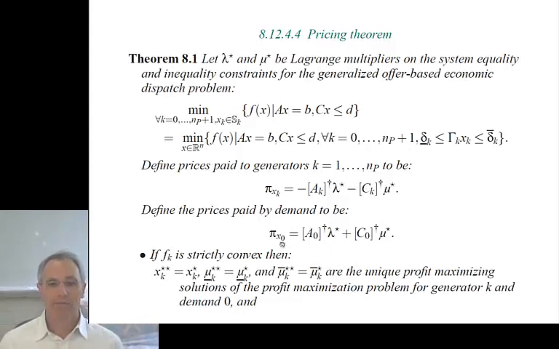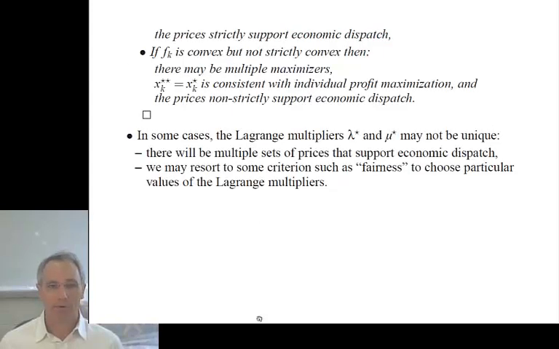Then, if fk is strictly convex, we'll find that the values from the ISO give us the unique profit maximizing solution of the profit maximizing problem for generator k and demand 0, and the prices therefore strictly support economic dispatch. If fk is convex but not strictly convex, then there can be multiple maximizers, but xk double star equal to xk star.